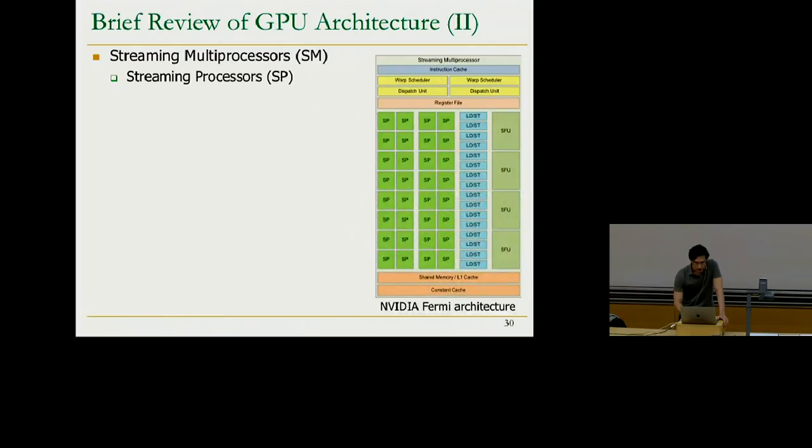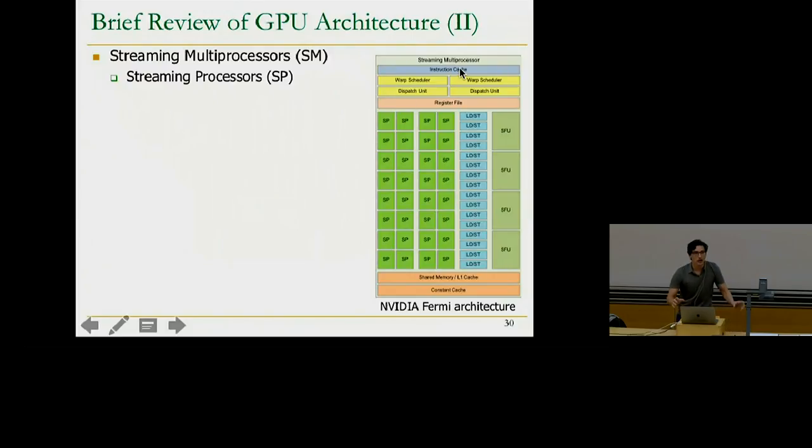This is a newer generation. It's also quite old. This one is the NVIDIA Fermi architecture, released in 2010. And as you can see, it's a little bit more complex. Instead of having these 8 SPs, which are the vector lanes, now we have 32 lanes. And interestingly, we have 2 warp schedulers.